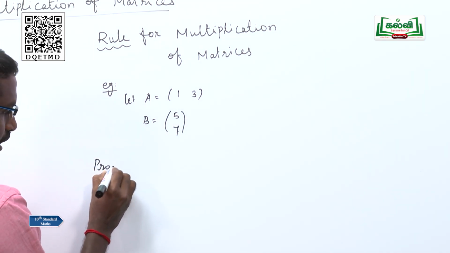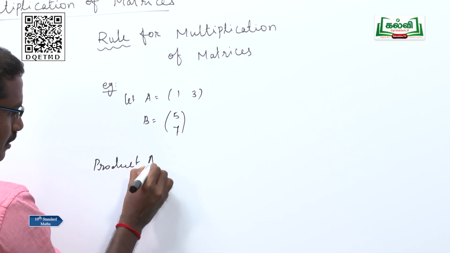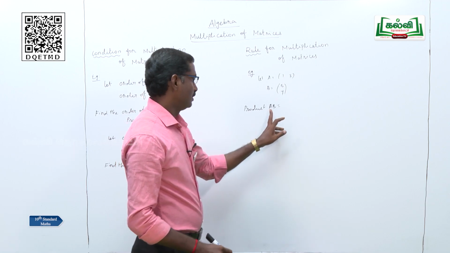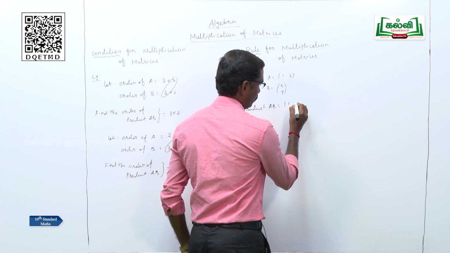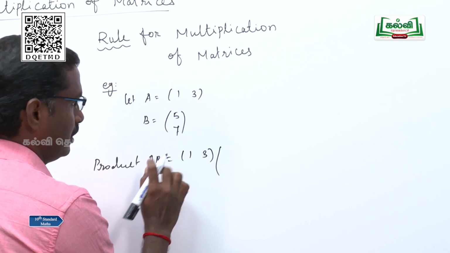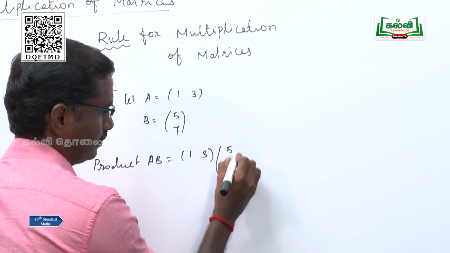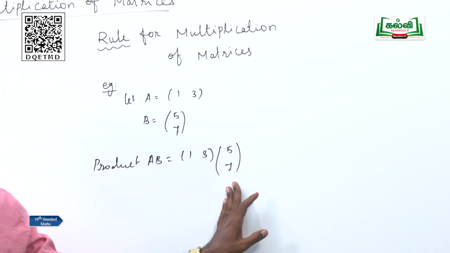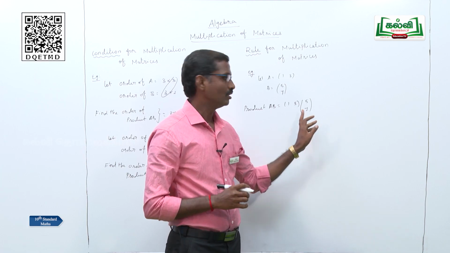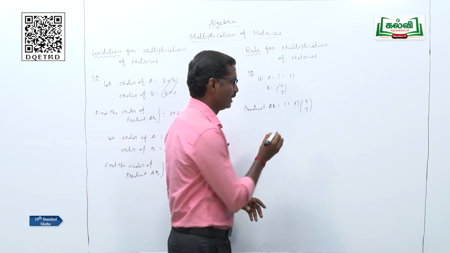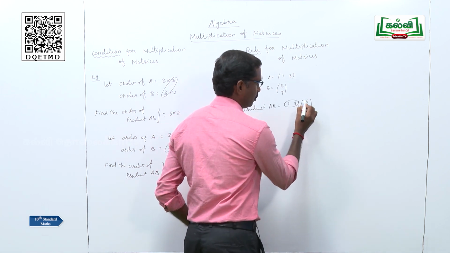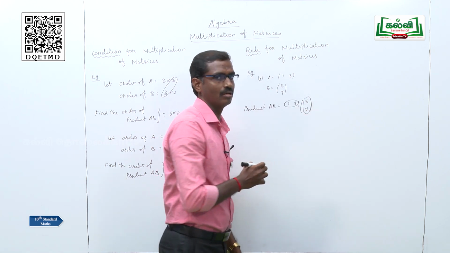Now find the product AB. A means the A matrix 1, 3, B means the B matrix 5, 7. Rule for multiplication of two matrices, row by column. Circle the first matrix row-wise and the second matrix column-wise.